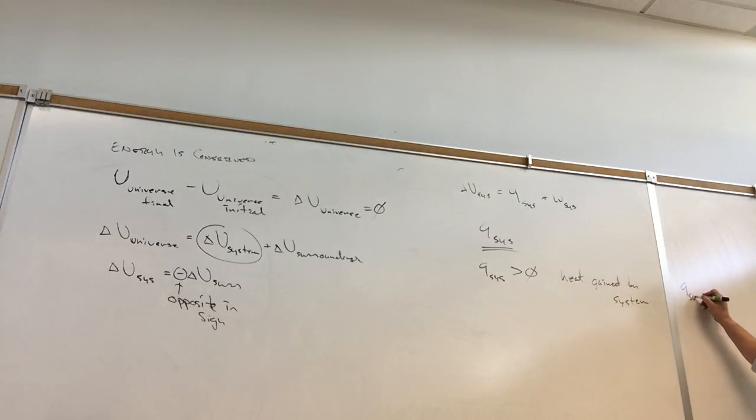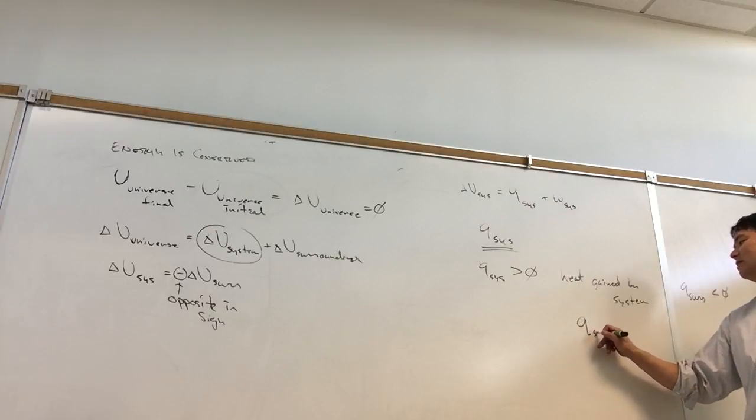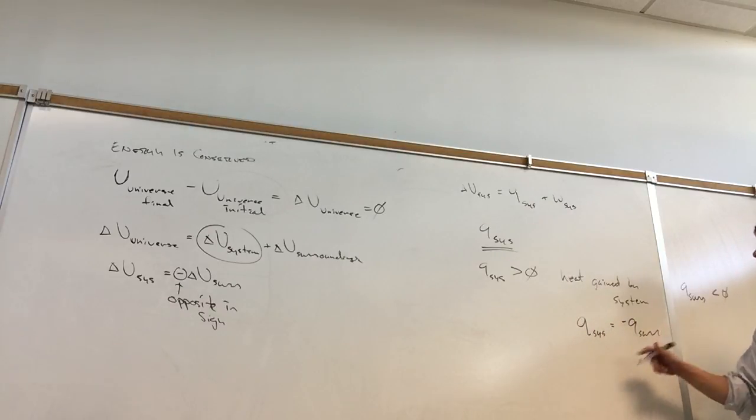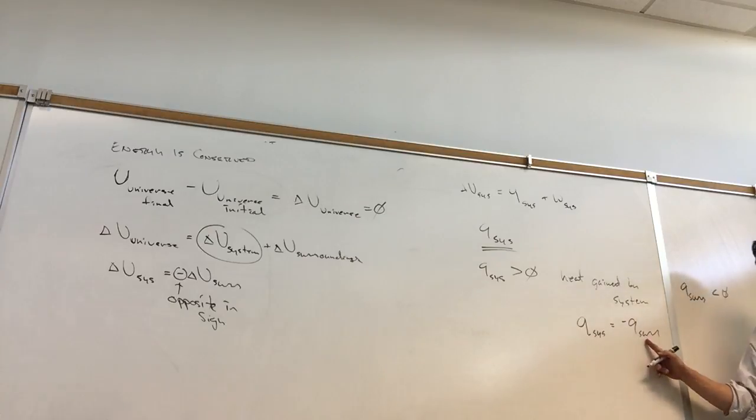So Q of the surroundings, which we'll say, is less than 0. In other words, we come up with this. Q of the system is the opposite sign of the surroundings. That is, if this is plus, then this must be minus. If this is minus, this must be plus.